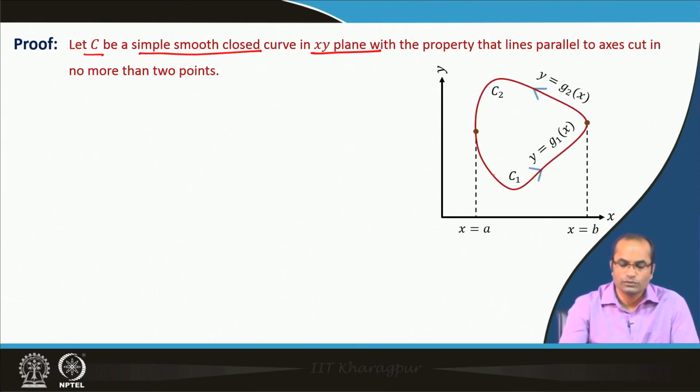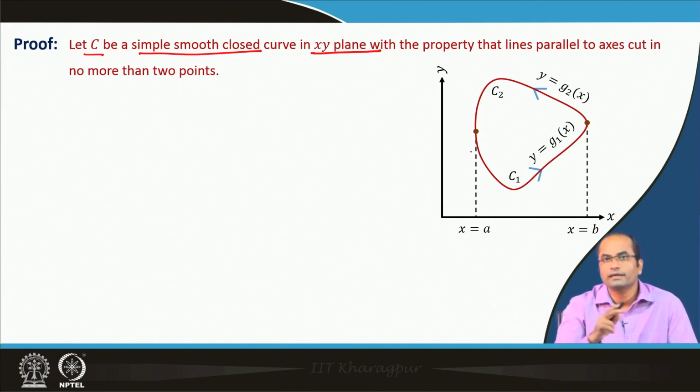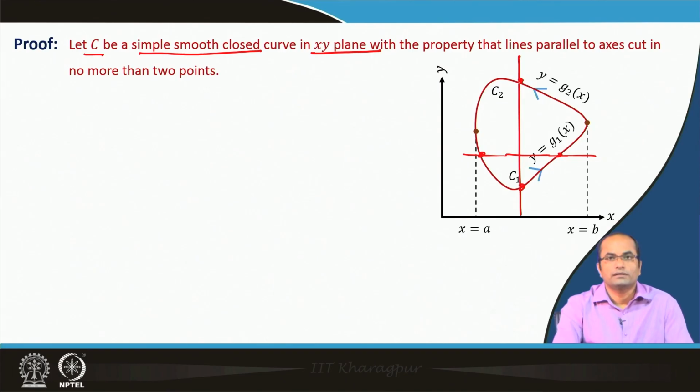If we draw a line parallel to the x axis, or a line parallel to the y axis, in both ways the line will cut the curve no more than 2 times. For example, if we draw this, it cuts 2 times, or in this direction, again it cuts no more than 2 times.